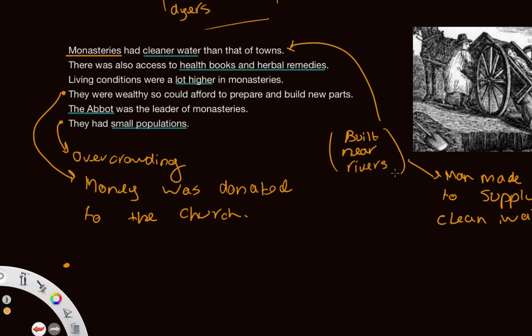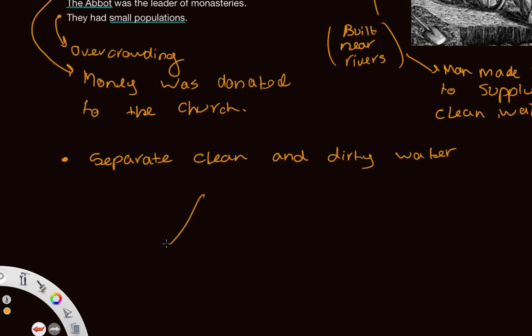Okay. Now, they also practiced a number of different policies, I'd say policies in inverted commas. So they were able to separate clean and dirty water, to allow the clean water to stay away from the dirty water so they wouldn't mix and it all become dirty water. And they also had one water supply for cooking and drinking and one for drainage and washing. So we have two different water supplies.